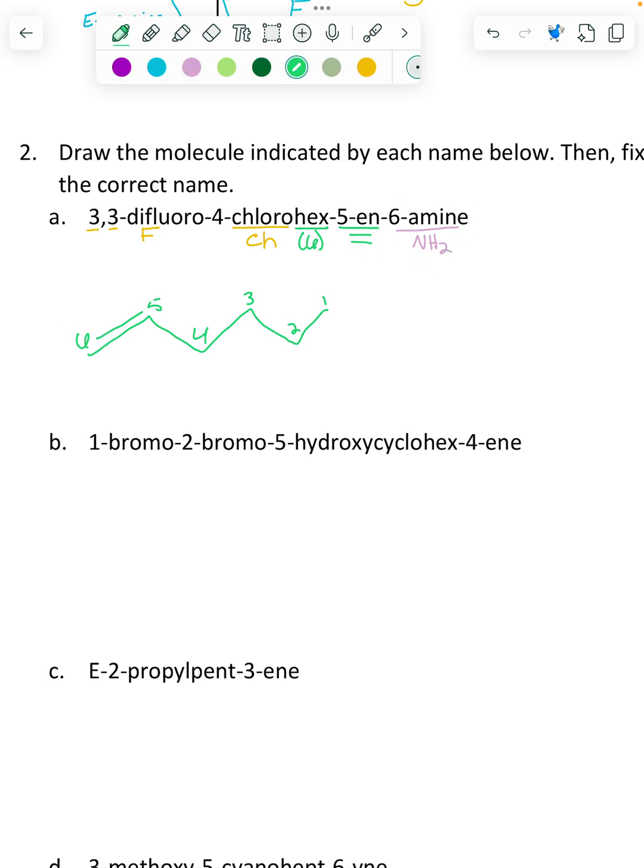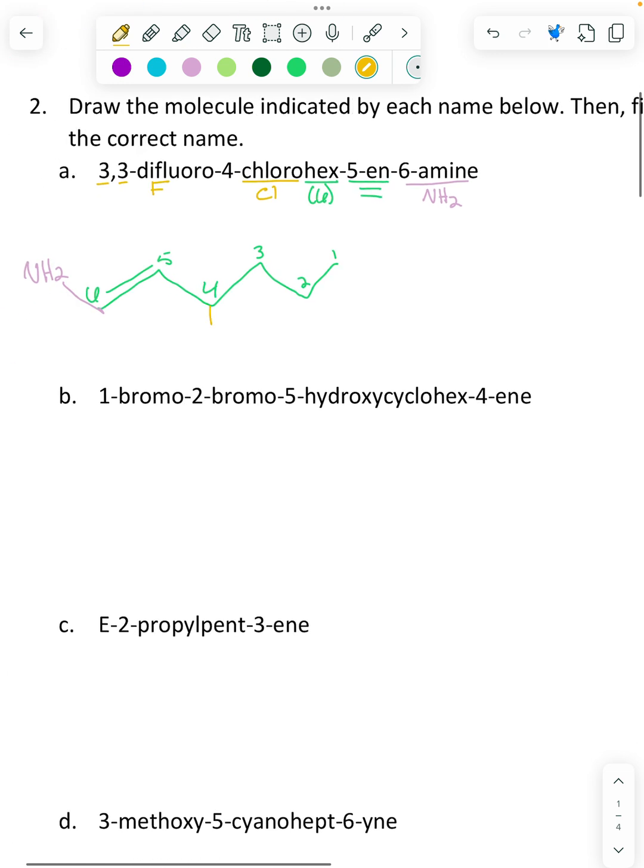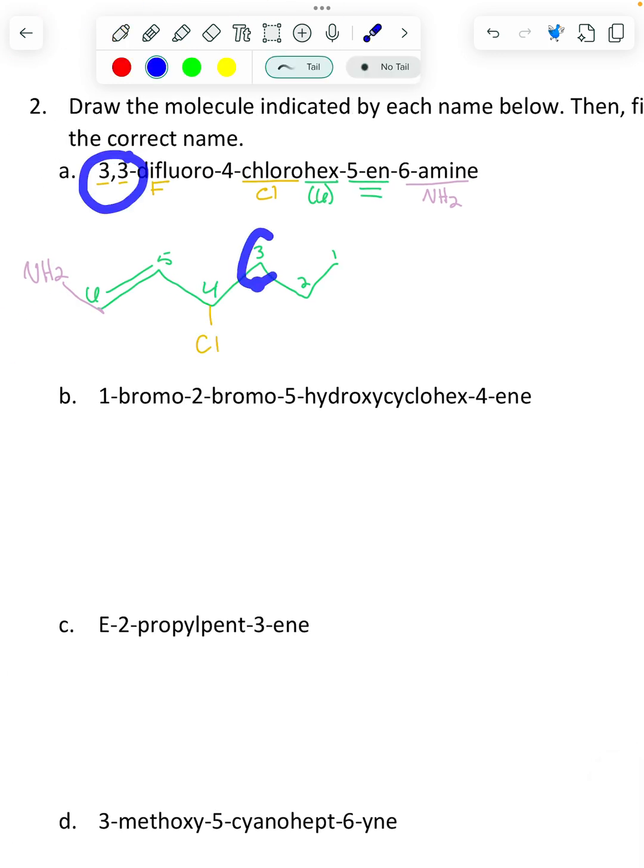So I'm just going to add that real quick. And then we also know that on the 4th carbon, there's a chlorine. Oh, I did that wrong. Okay. On the 4th carbon, there's a chlorine. And then on the 3rd carbon, which is right here, there's difluoro, which means that there's 2 fluorines.